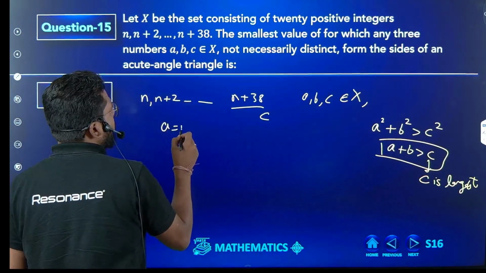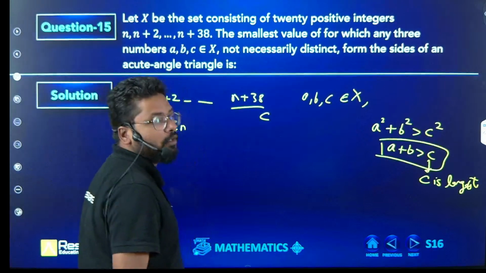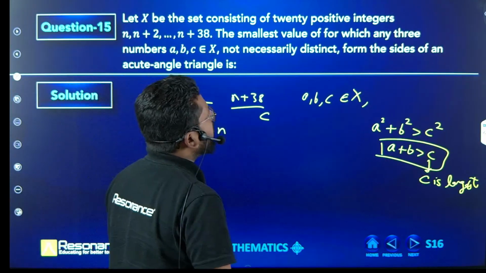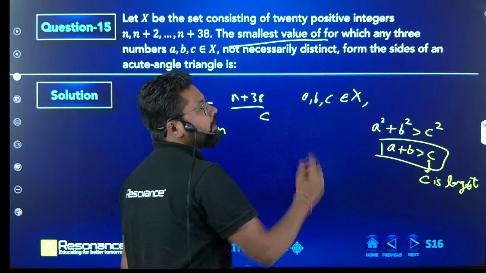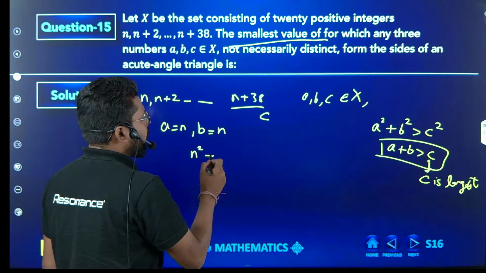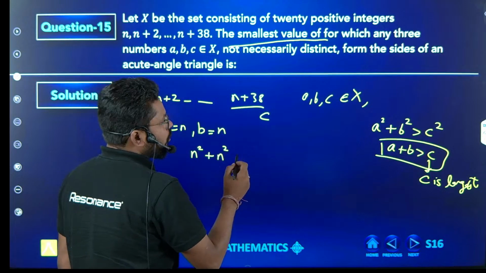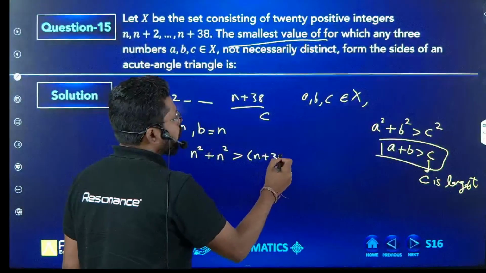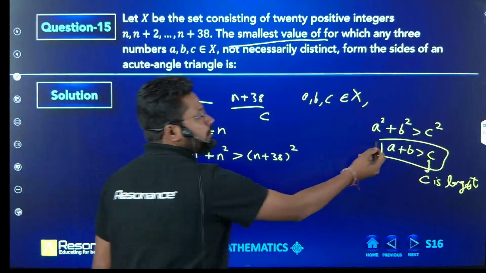In the question it is mentioned that they are not necessarily distinct. For the smaller one, we can take B as n. Why? Because we have to find the smallest value. So n square plus n square should be greater than n plus 38 whole square, because A square plus B square is greater than C square.